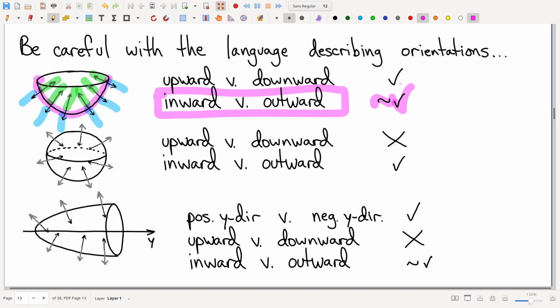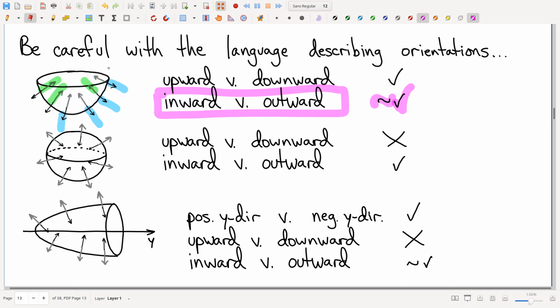What you might want to call the inside is infinite and unbounded, just like what you might want to call the outside, also unbounded. So I think that most people, if you were to say inward, catch your drift, right? They know what you're talking about. But nevertheless, it leaves a little something to be desired.